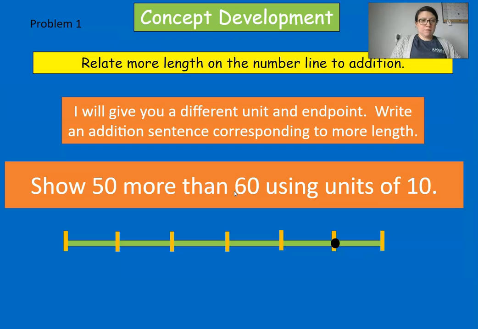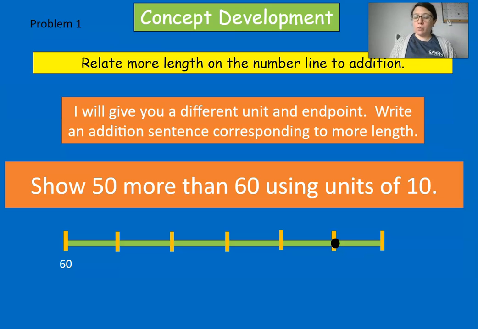So on this one, they're going to tell us the units to use. So we want to show 50 more than 60 using units of 10. So go ahead and start your number line. What is our endpoint going to be in this one? I want us to show 50 more than 60. Good. Our endpoint is going to be 60. Don't get confused by the language.